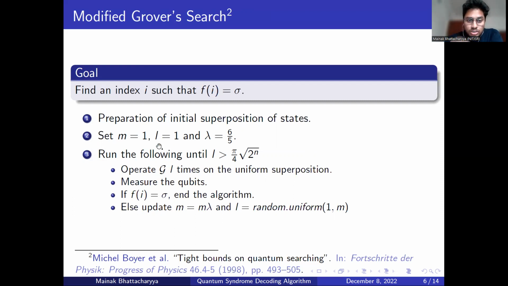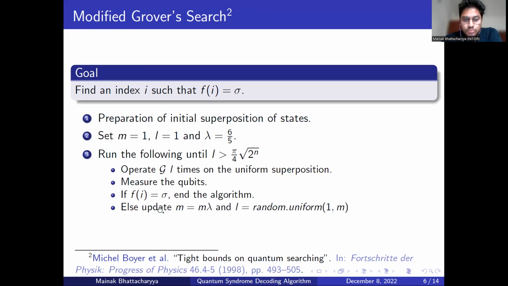So in approximating the appropriate number of iterations, this lambda can be determined between 1 and 4/3, as suggested by the paper of Michel Boyer et al. This can be taken between 1 and 4/3, but we have taken 6/5 just for convenience.